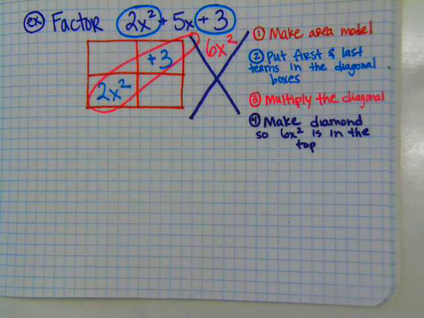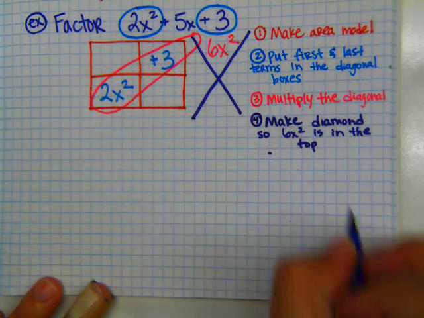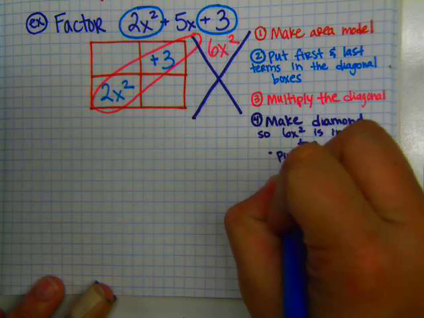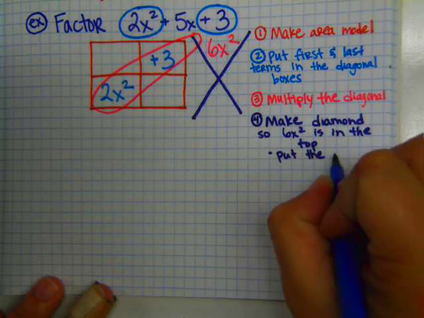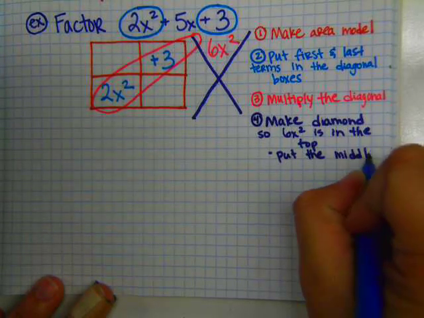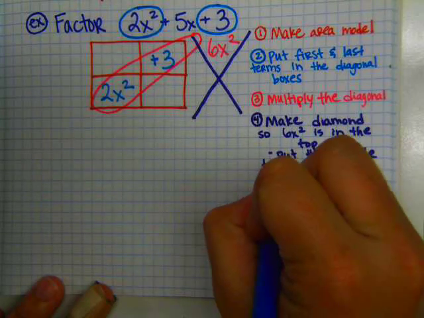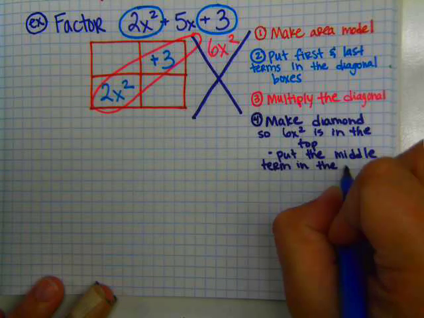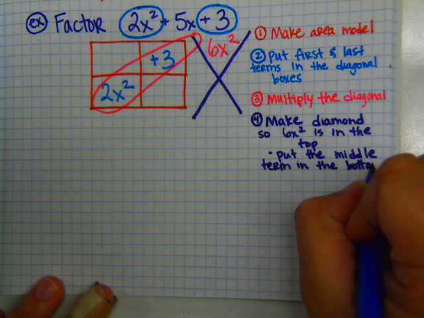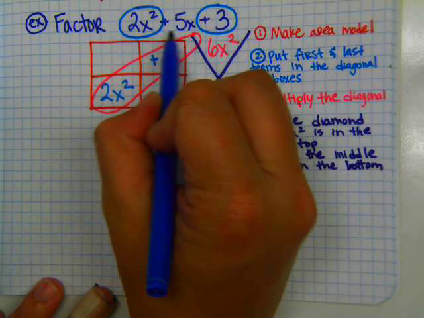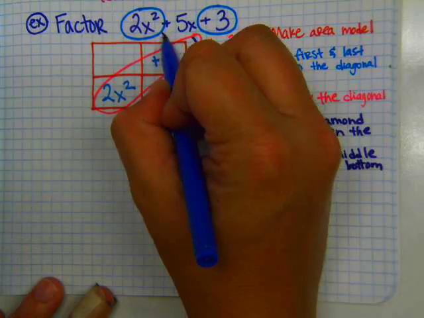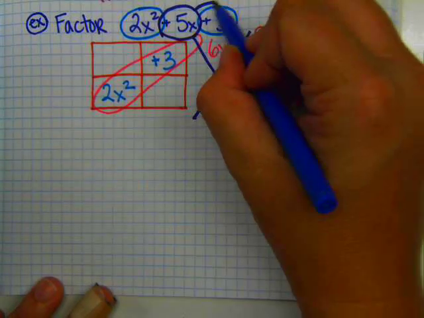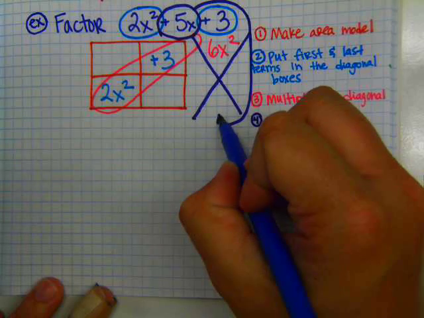And then I'm going to do the same step, and I'm going to put a little dash here, and you're going to put the middle term in the bottom. So this middle term, the 5x, that's going to go down into the bottom.